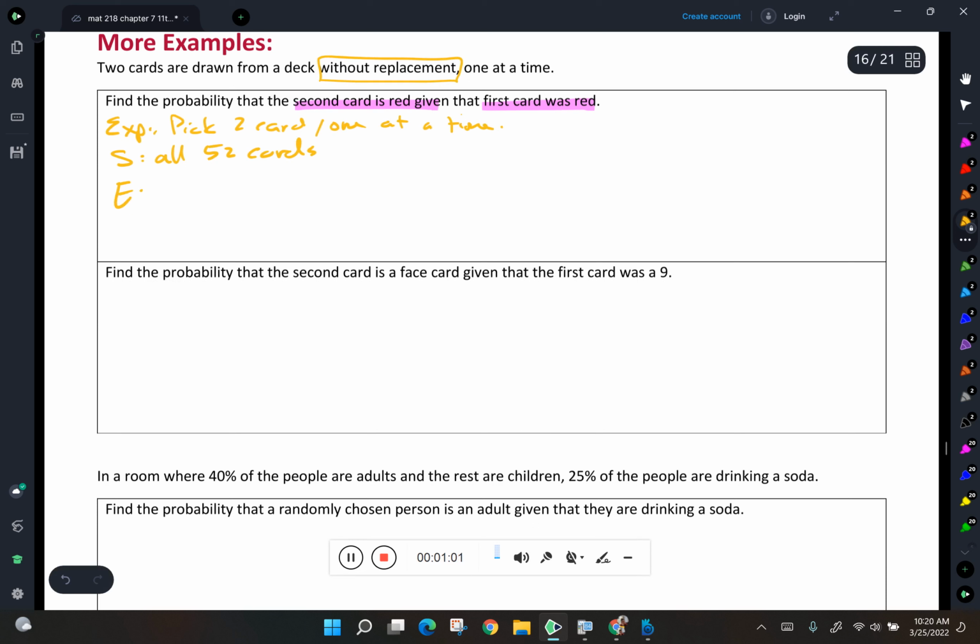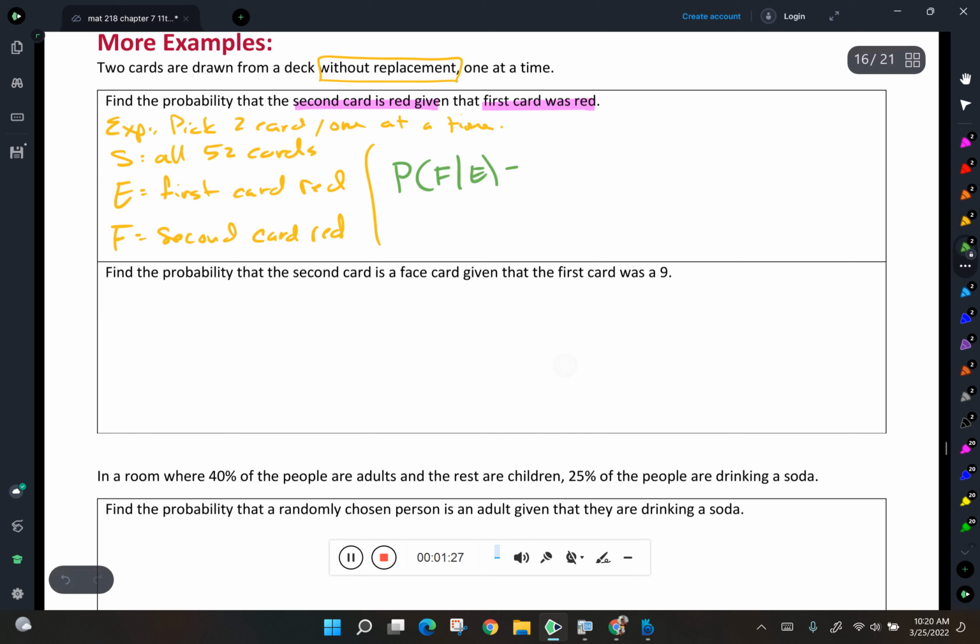My event E is going to be an event that the first card was red. F is going to be second card red, and then they want us to calculate the probability of F given E.